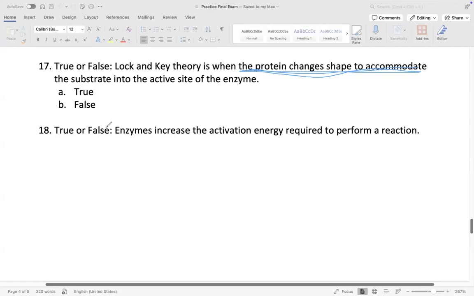So this answer would be false, right? When a protein changes, that is called the induced fit model, or theory.